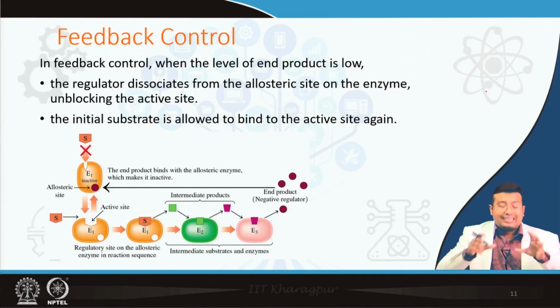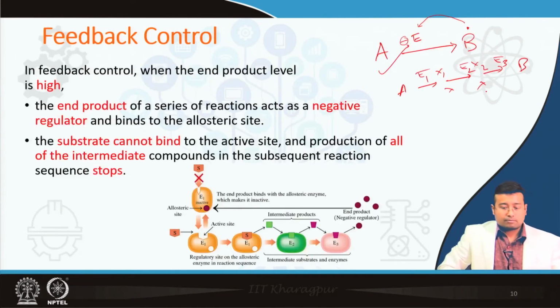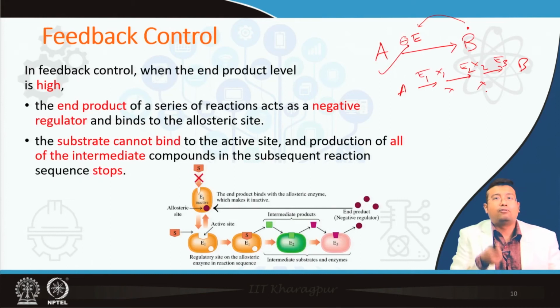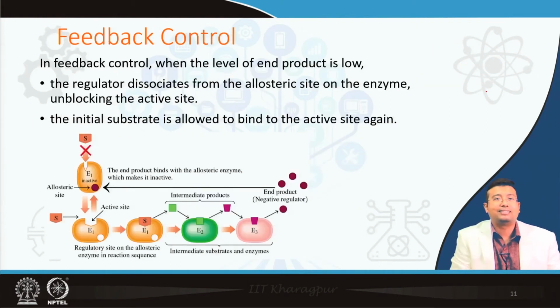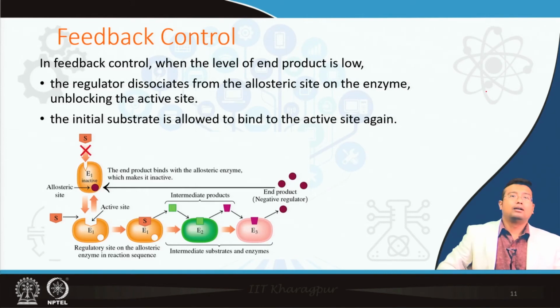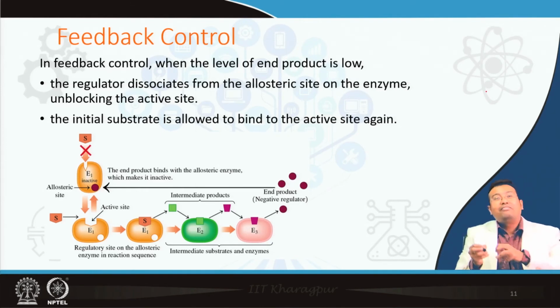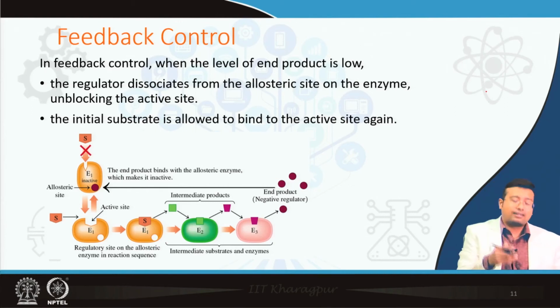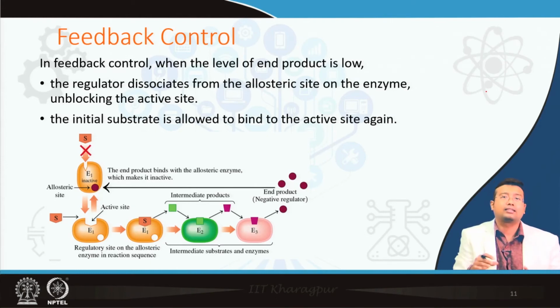So this feedback control is an example where the end product level is very high, so it is inhibiting. So what happens when the end product level is very low? Absolutely the same, the allosteric regulator will give a positive feedback, so that the negative regulator will then dissociate from the allosteric site, and then the substrate can bind to the active site again and the reaction can proceed.